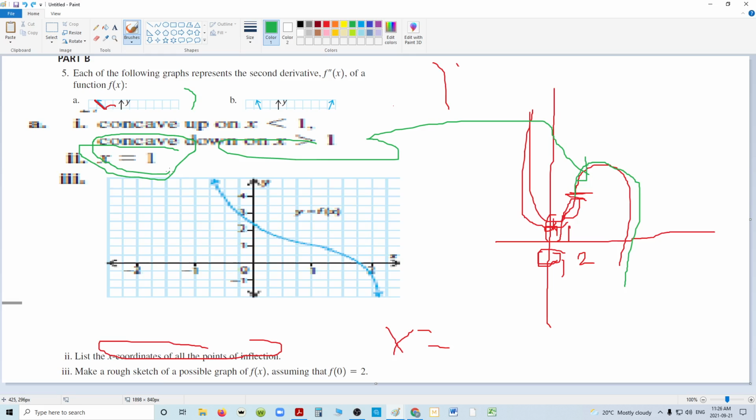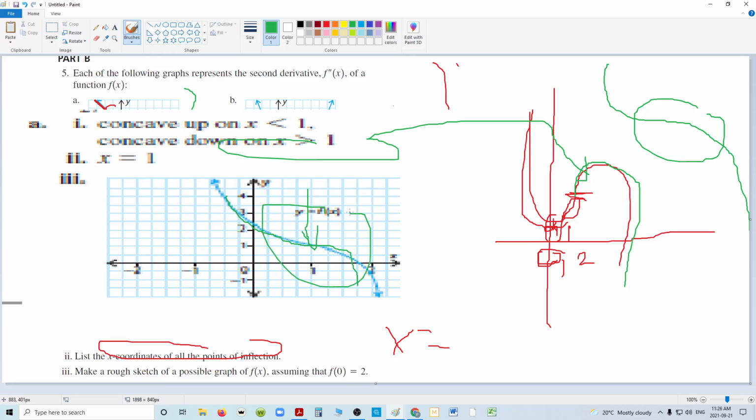And the inflection point, we said when x is 1, which is what we said here. And they've done a rough graph, except they've done a little slide thing here. So they've made the inflection point here. So instead of doing a big loop like we did, they did a thing like that, which I guess can make sense. So this is also possible.